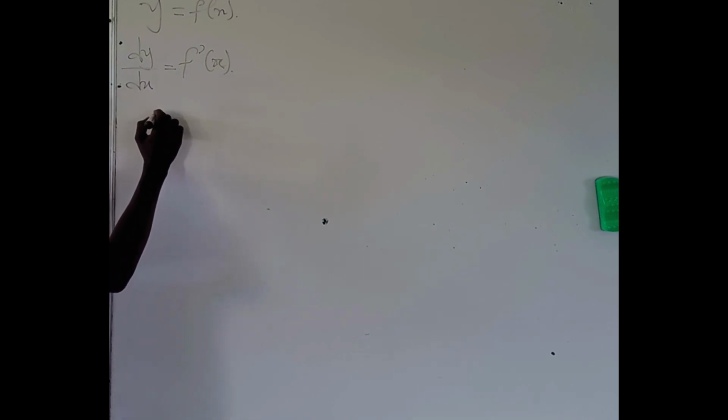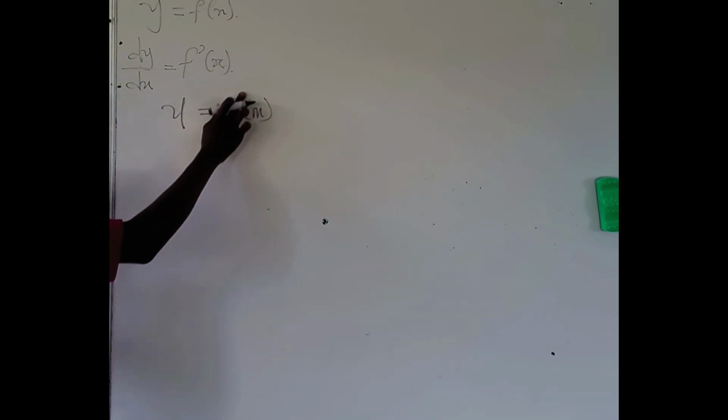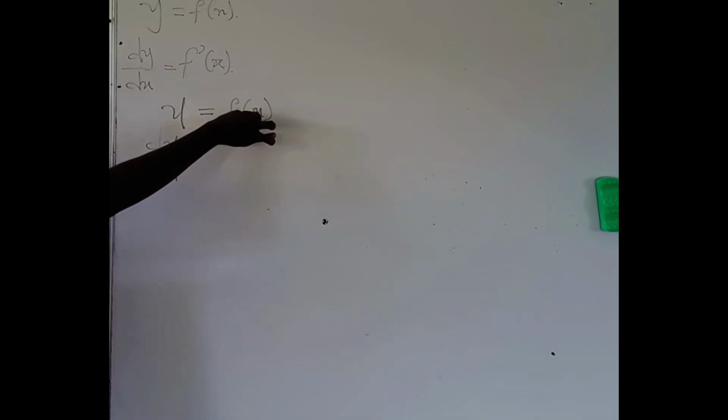Now, look at this example again. When you are given a question as u is equal to f of n, the derivative is going to be du over dn, because you are differentiating with respect to n.